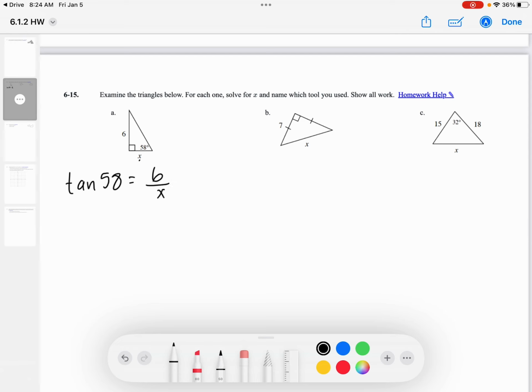All right, so now we put in our calculator tangent of 58, and we get 1.6 equals 6 over x. I'm going to put this over 1 and cross multiply to get 1.6x equals 6. I'm going to undo the multiplication by dividing to get that x equals 9.6.